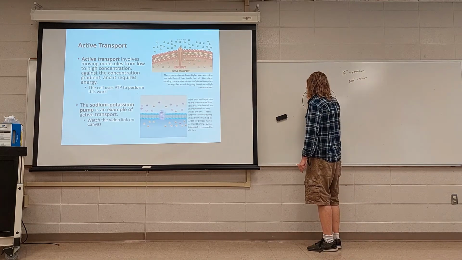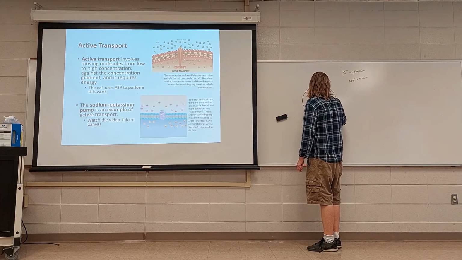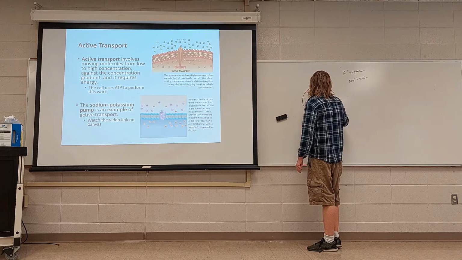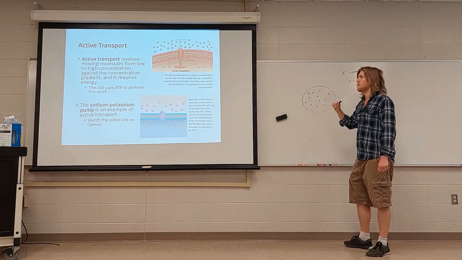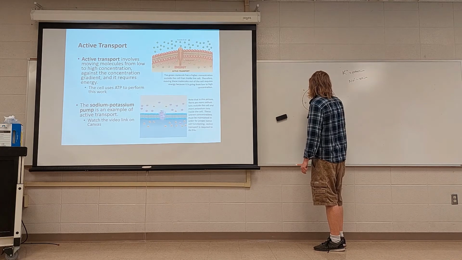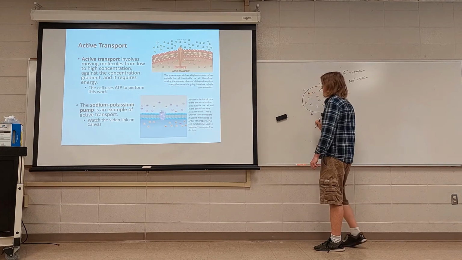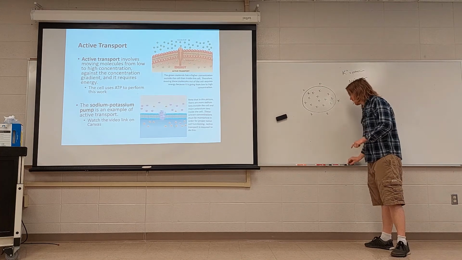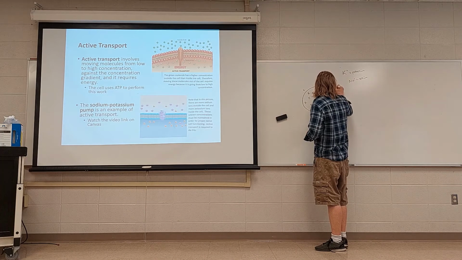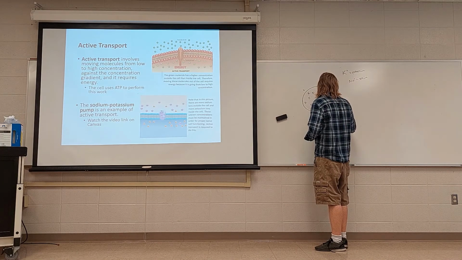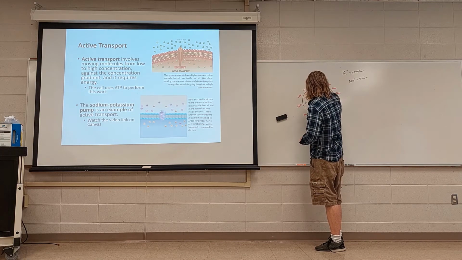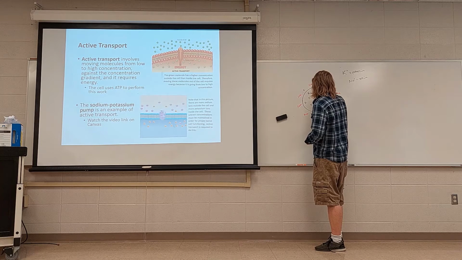And so within the cell, you've got a lot of potassium ions, and you've got just a few of them outside. Sodium outside the cell is a lot more abundant than it is inside.